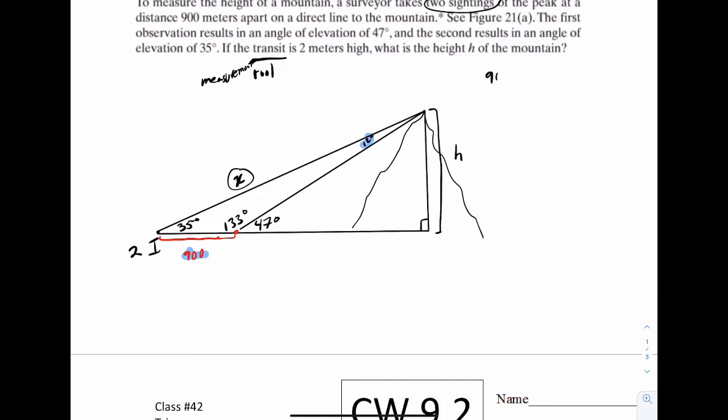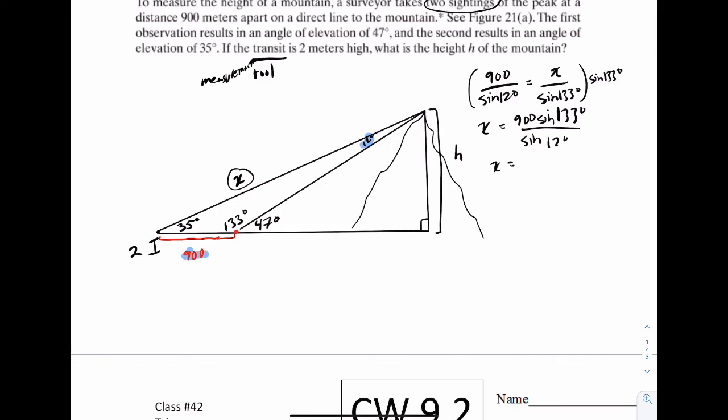900 over sine 12. That should equal x over sine 133. Now let's solve. Let's multiply by sine 133. So x should equal 900 sine 133 degrees over sine 12 degrees.